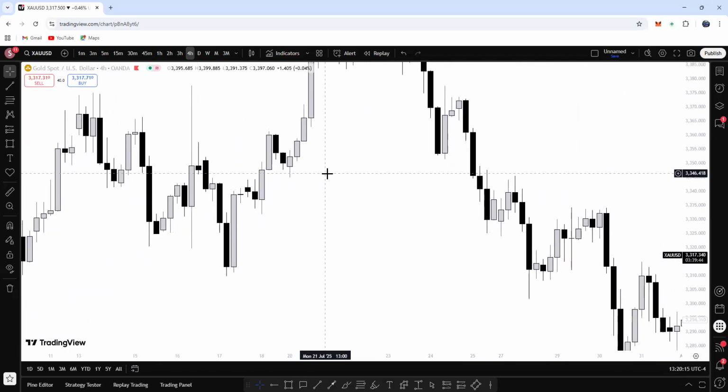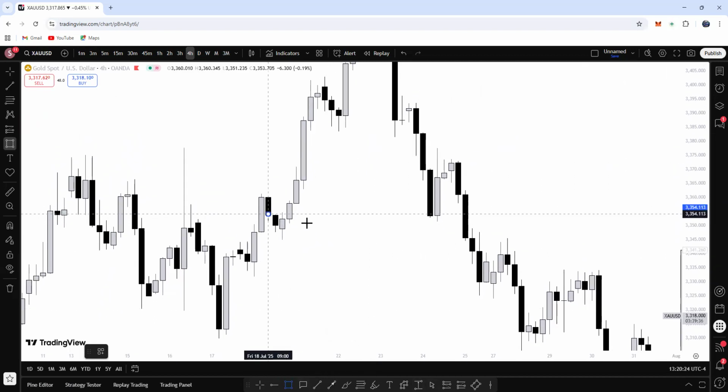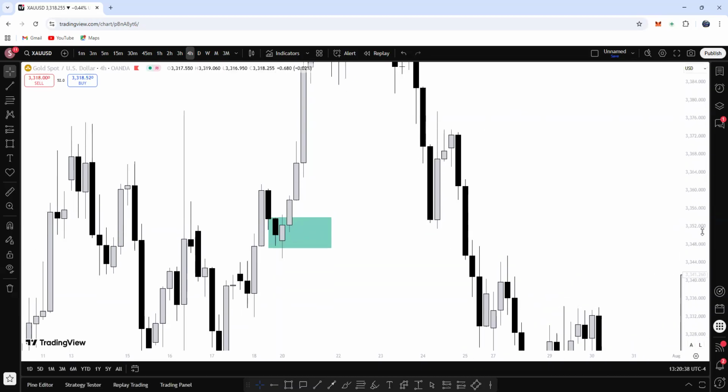I'm still looking for a nice example. And this one, this Friday, Sunday open, because there was a gap here. There was a jump, but you can see only the wick went above. It didn't close above it, but still, SNR respected it.